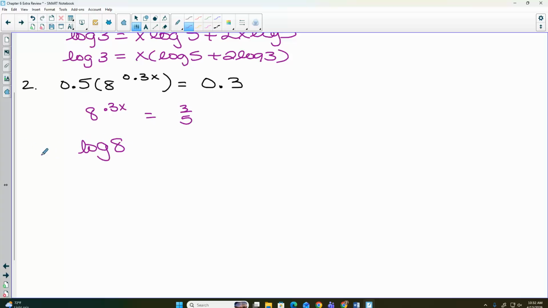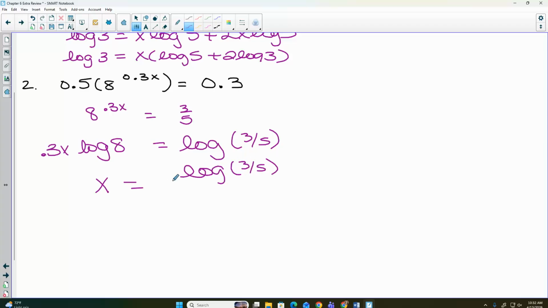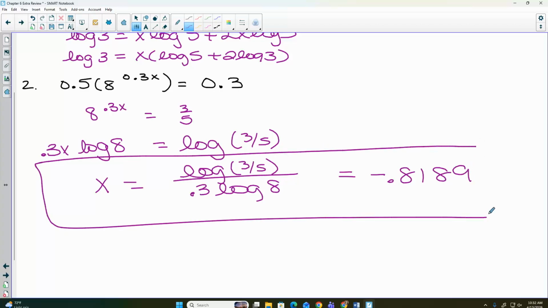When we do that, exponent comes down. So to get x by itself, we divide by the 0.3 log of 8. All right. Any questions there?